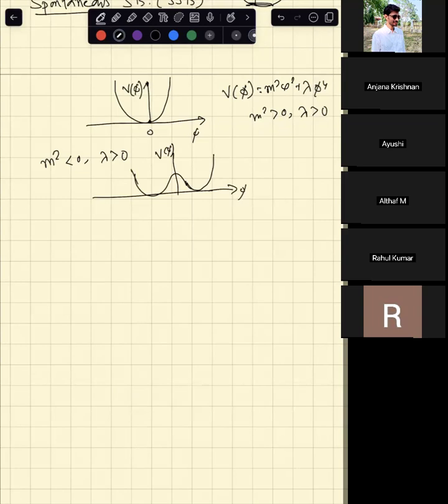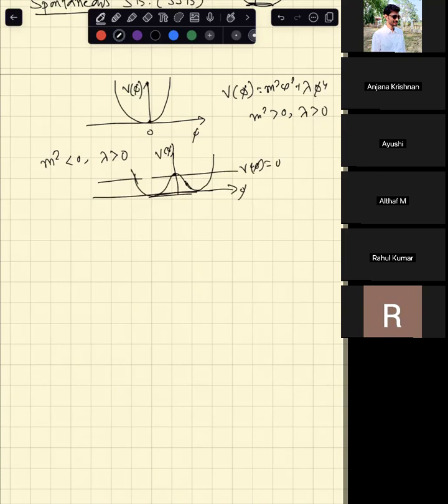Because this is not 0 anymore. So your 0 is basically here. So this is your V(phi) equal to 0. Then phi equal to 0 is not the global minimum. Here phi equal to 0 is actually a local maximum of the potential. So if you see at phi equal to 0, the V(phi) is 0. But now when phi is increasing, because your first term is phi squared and the next term is phi to the fourth.